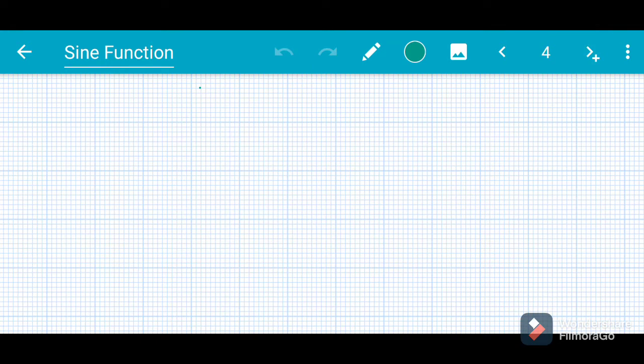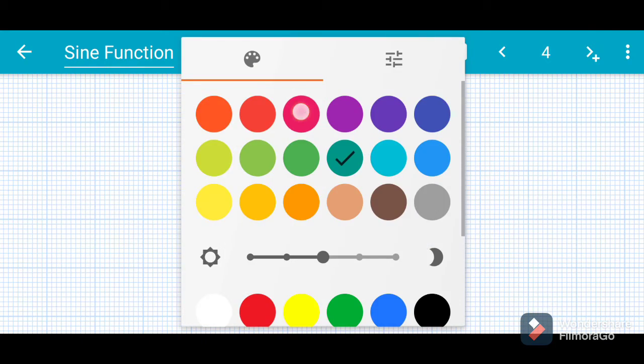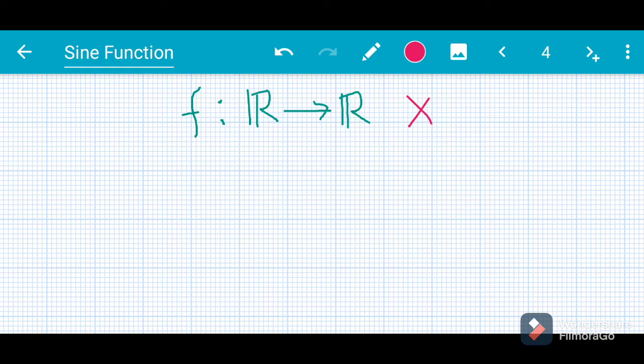Which function is one-one? We have defined R to R, which is not bijective.